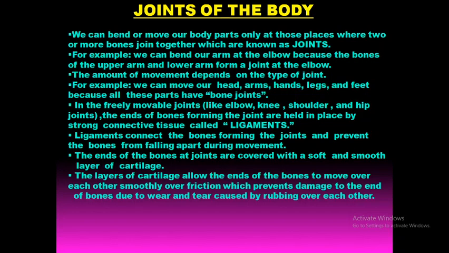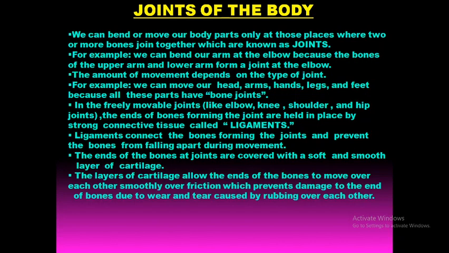The ends of the bones at the joint are covered with a soft and smooth layer of cartilage. That is, the end of the bones where they meet at the joint is covered by smooth cartilage.